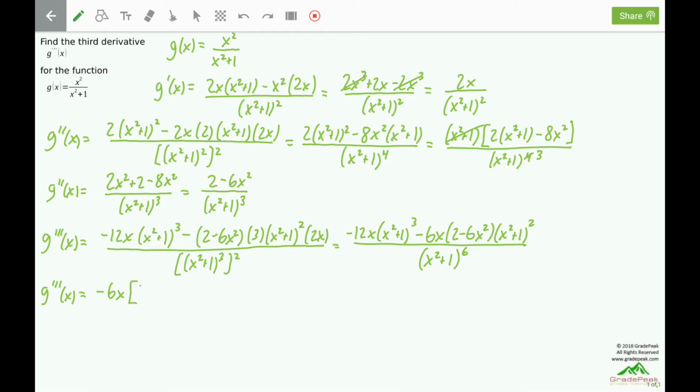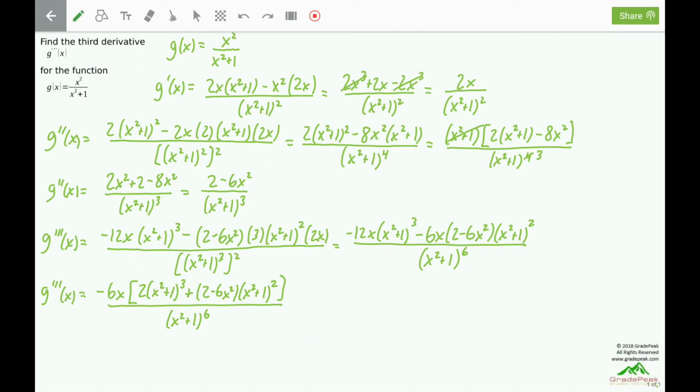And that will leave me with a positive 2, and then the x squared plus 1 cubed, and a positive 1 times the 2 minus 6x squared, and then an x squared plus 1 squared, all over the x squared plus 1 to the 6th power.